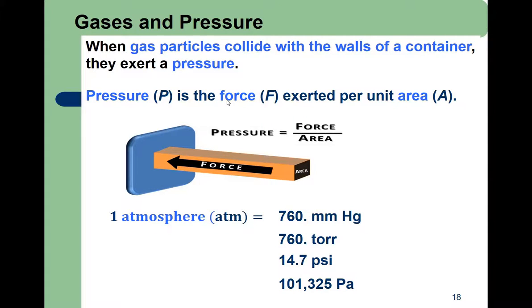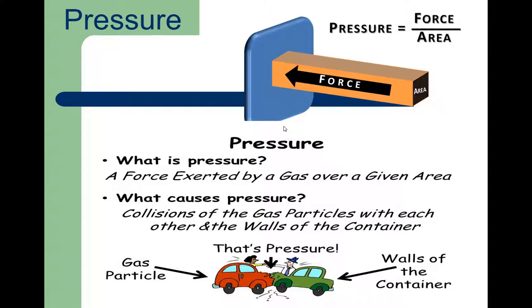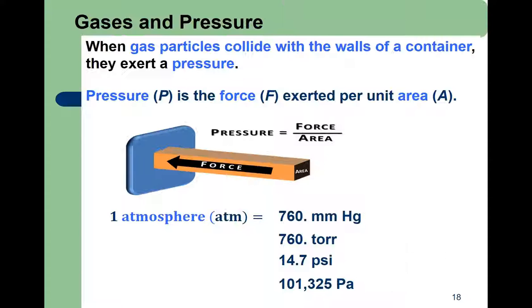So as we look at different pressures right here, the force that we put in a specific area does give us the pressure. This one atmosphere is equal to all these different pressures. Now, you'll notice down here, this is not kilopascal, but this is pascal. So the difference is 1,000. So I times it by 1,000 just to get pascal. So if you want to add that to your things, you can.